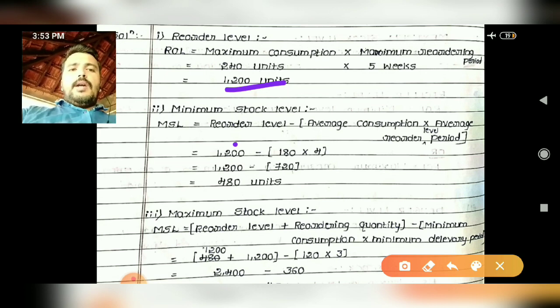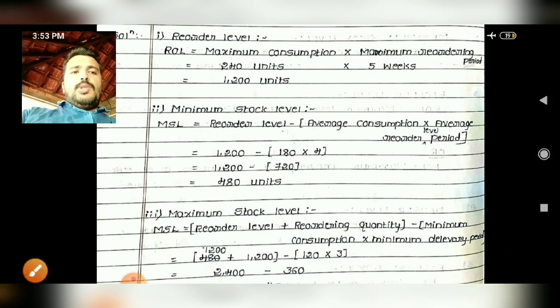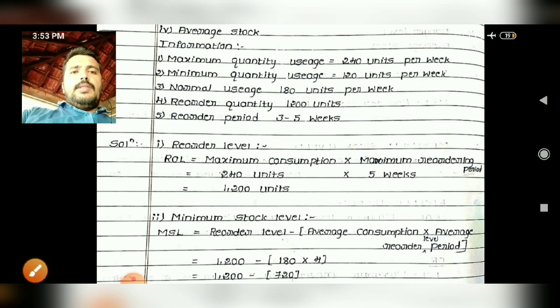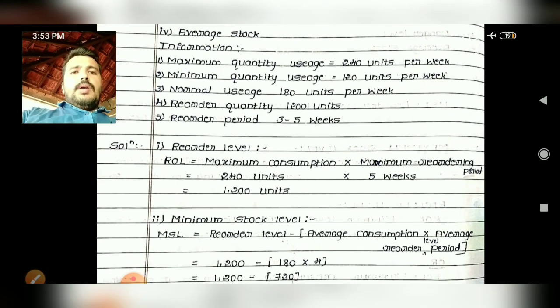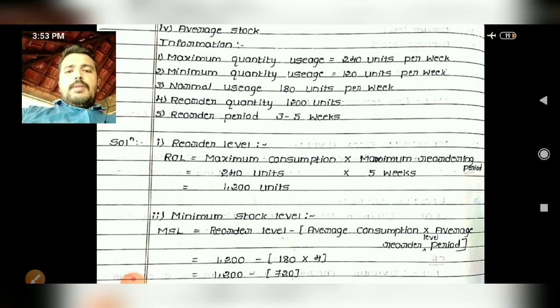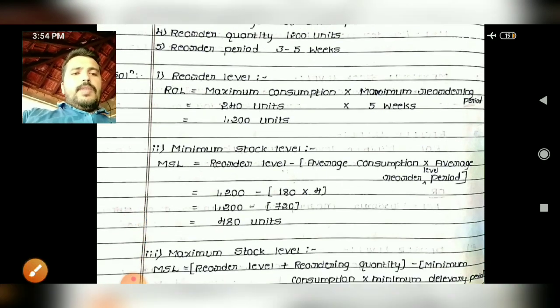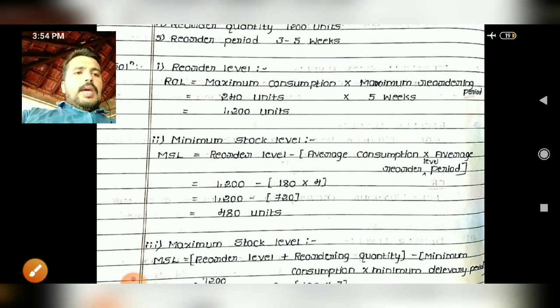On an average, the total average amount of consumption means you have to average the maximum and minimum consumption, and sometimes it will be given already averaged. Here it is given, 180 units. So that you have to take. And average reorder level period.